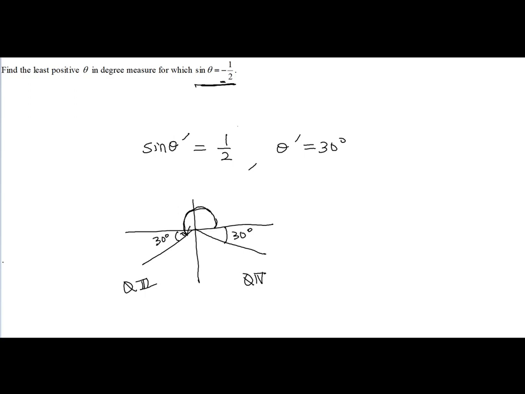So the angle that you're looking for is 210 degrees. And there's another angle right here, that's 360 minus 30 degrees, 330. But the question asks you to find the least positive theta in degree measure for which sine theta is negative half. So we are looking for the smaller one, not the bigger one. So theta must be 210 degrees.